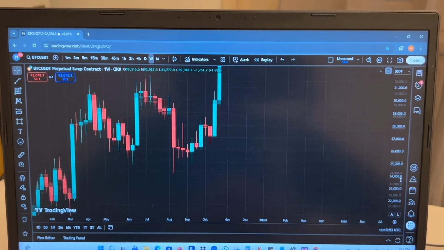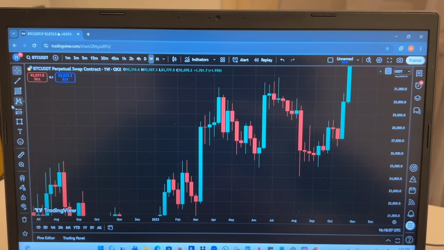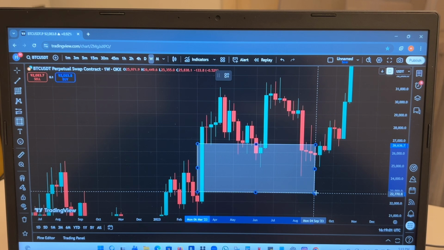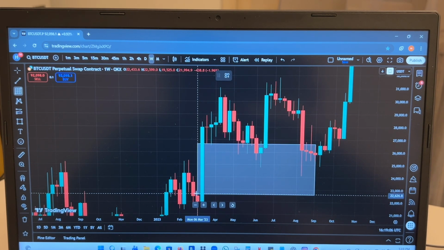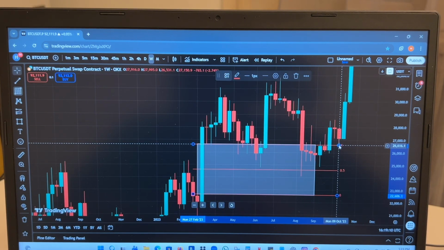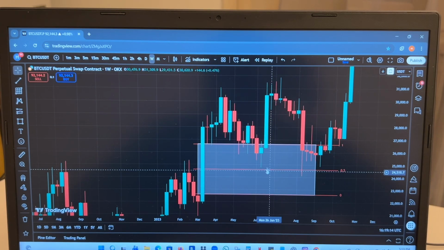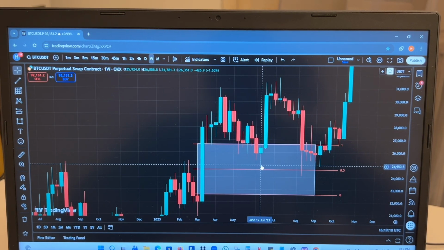There you go, right above we can see an FVG. Let's mark it out. So this is the FVG, and we are going to use the Gann Box. In the first retest, we can see that it has not broken the 0.5 level right over here.